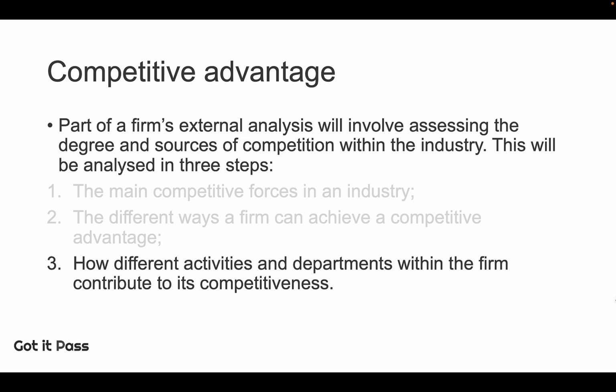And the last step is to see how different activities and departments within the firm contribute to its competitiveness. So in the third step, we need to analyze what activities or strengths of a firm can contribute to competitiveness in order to achieve the strategic goal.